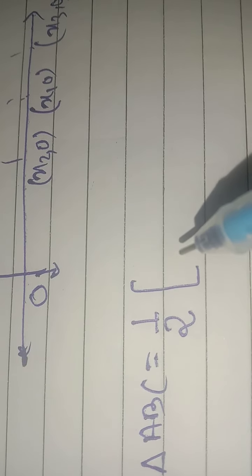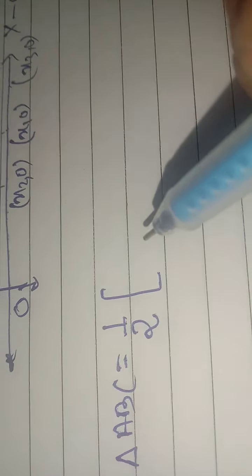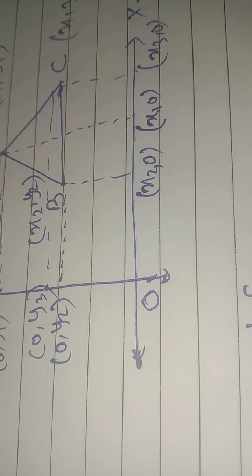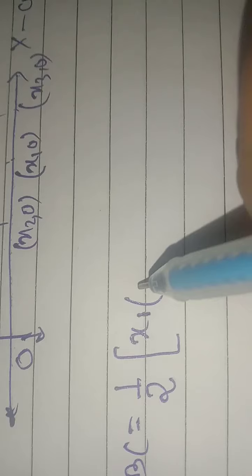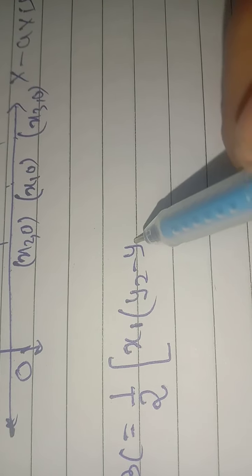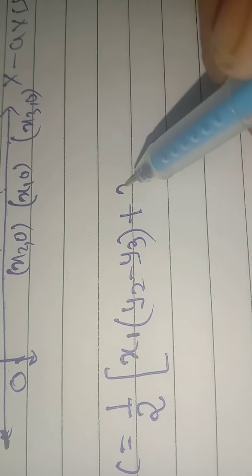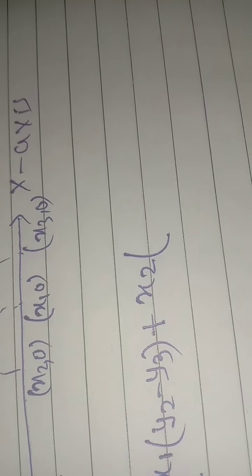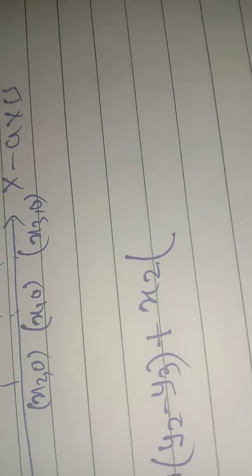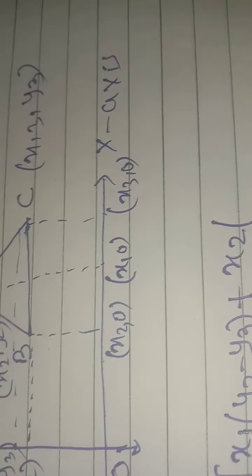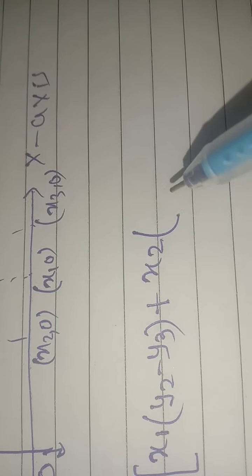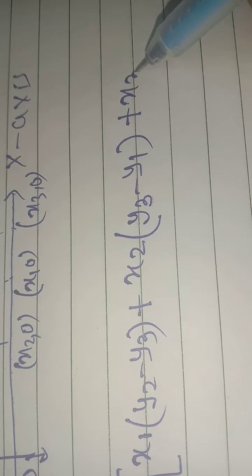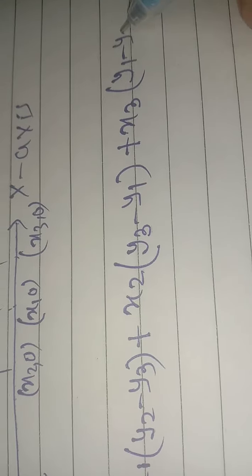It is given, we do not derive the formula: x1 times y2 minus y3, plus x2 times y3 minus y1, plus x3 times y1 minus y2.